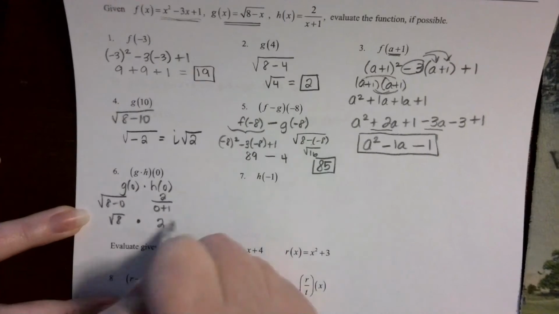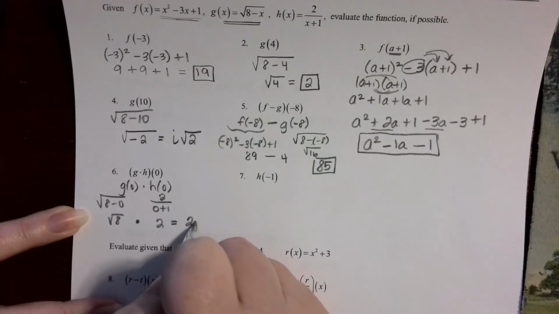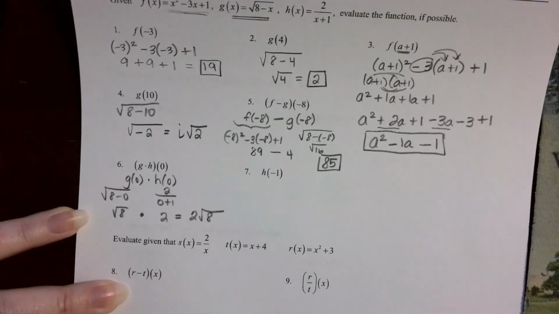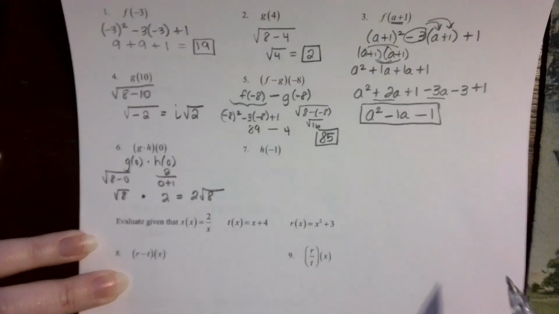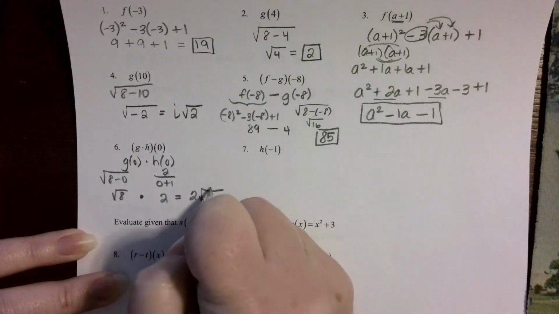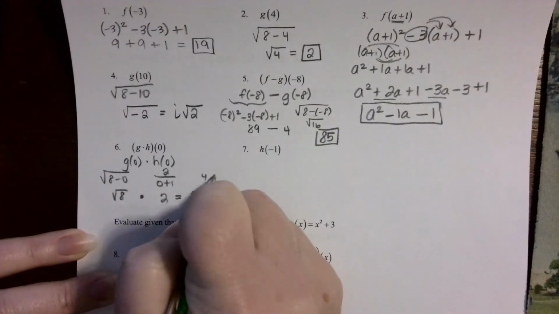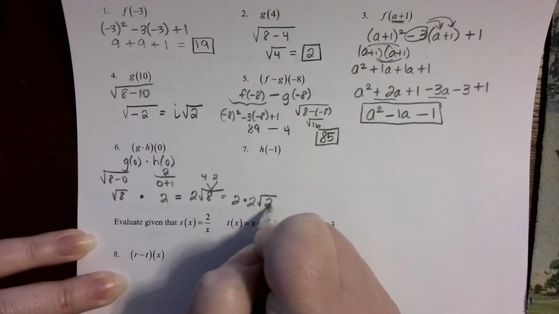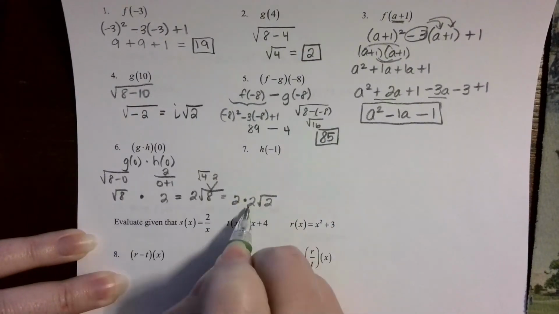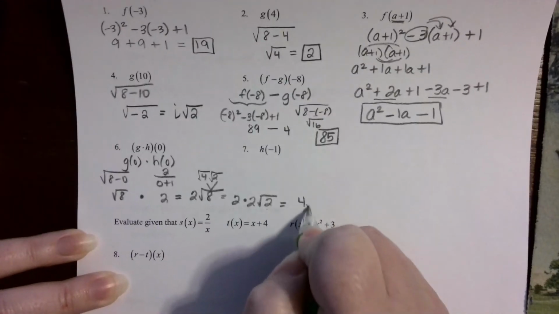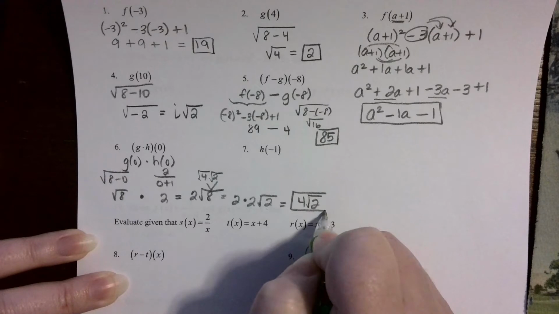You've got 2 the square root of 8. Now, the square root of 8 could actually be reduced a little bit. The square root of 8 comes from a 4 times a 2. So that could be 2 times 2, the square root of 2, because the square root of 4 is 2. The square root of 2 stays home. So your final answer could be 4 the square root of 2.